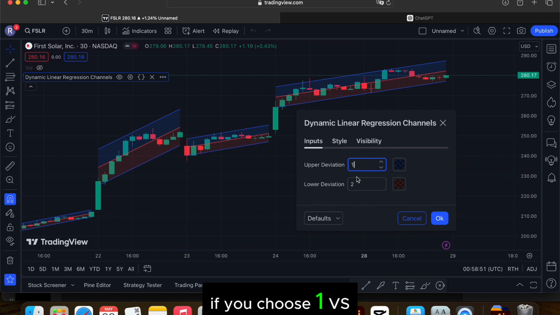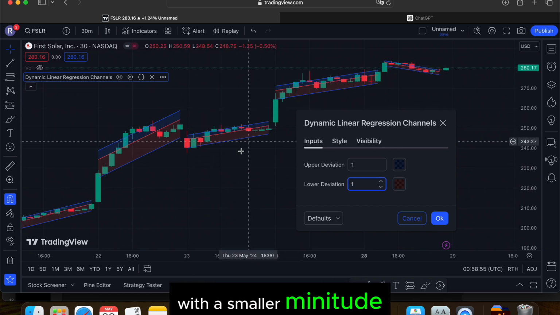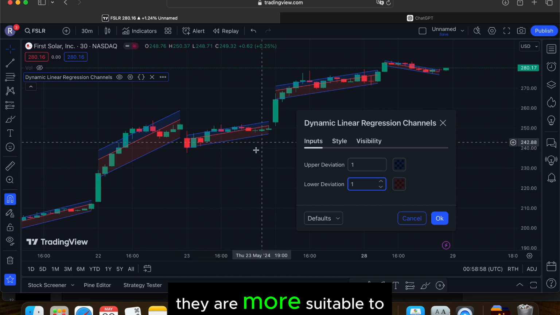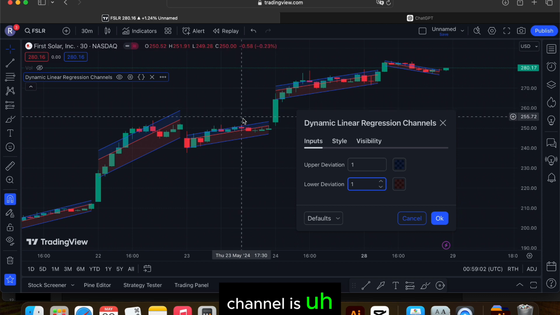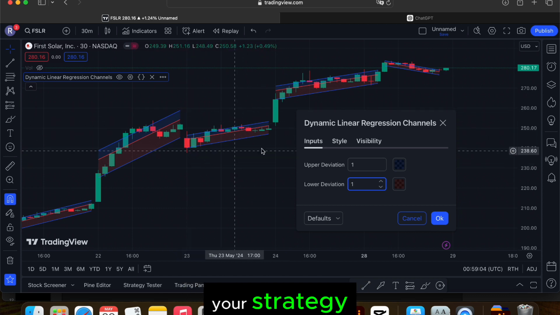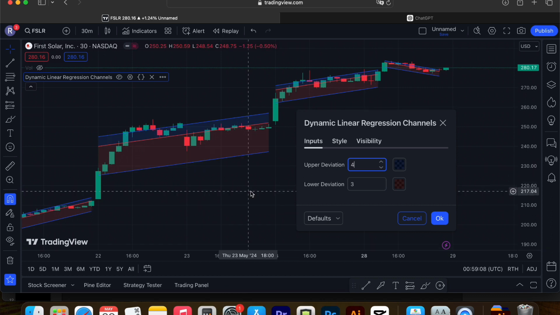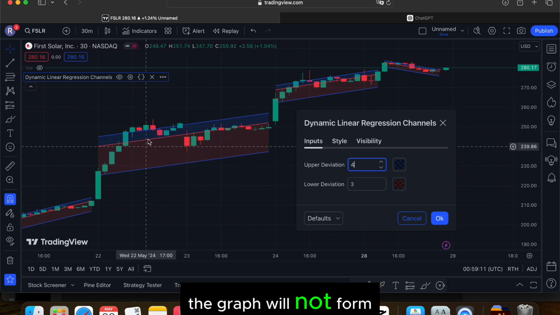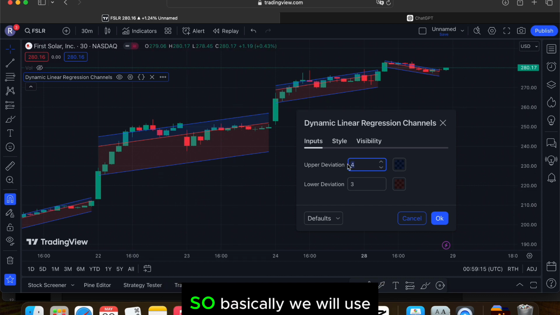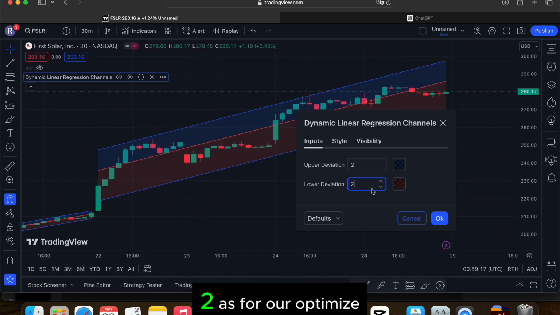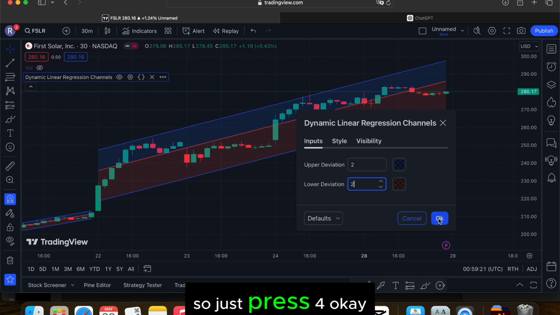If you choose 1 versus 1, this will be a graph with a smaller magnitude, a smaller time frame graph, and as you can see, the channel is too narrow to plan your strategy. If you choose 3 or even 4, the graph will not form an optimized trend in your chart. So we will use 2 versus 2 as optimized for our trading strategy. So just press OK.